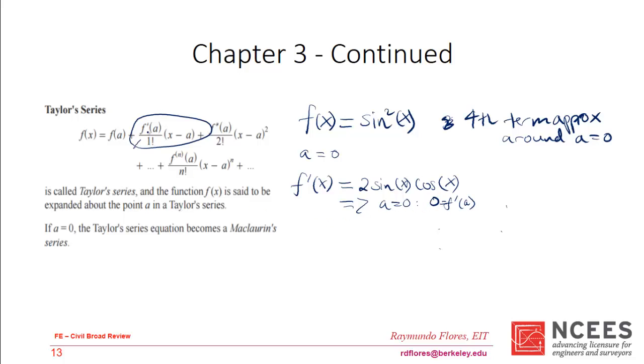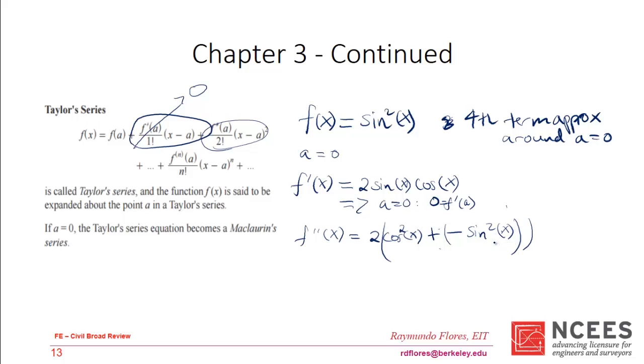So that's essentially 0. And then now we take the double derivative and we get 2 cosine squared of x, but then you have a sine, so it's going to be minus sine squared of x, because you're doing the product rule here.